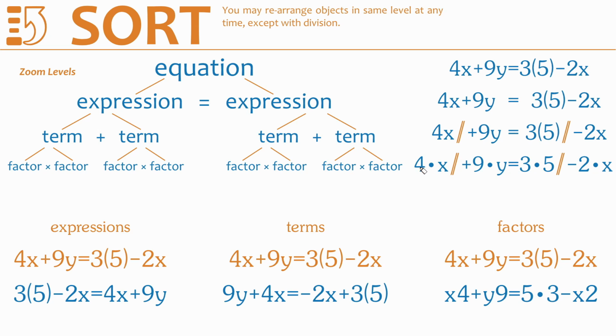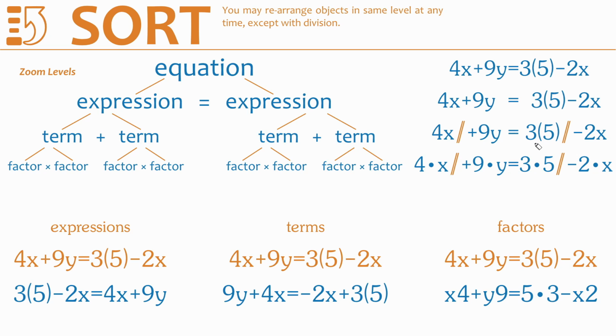We know it's not 4 plus or minus x, it's 4 times. So we're not ever going to separate there. A term will always start with a sign, and then when the multiplying or dividing is done, we move on to the next term.